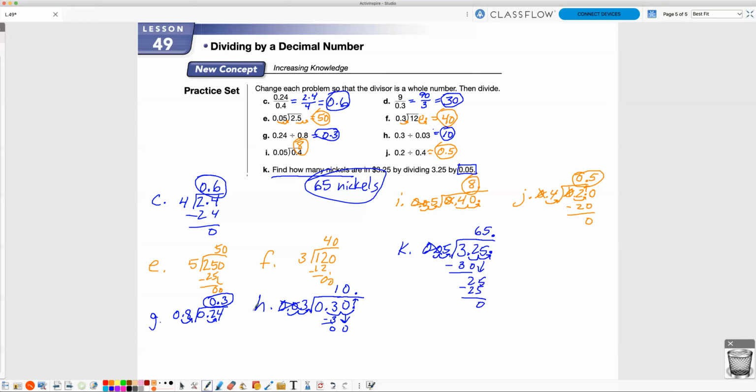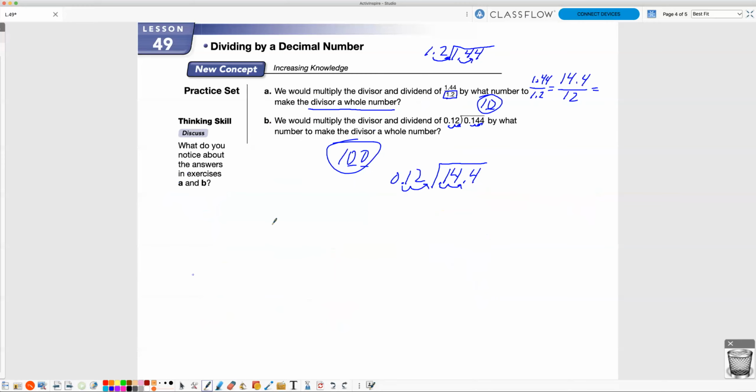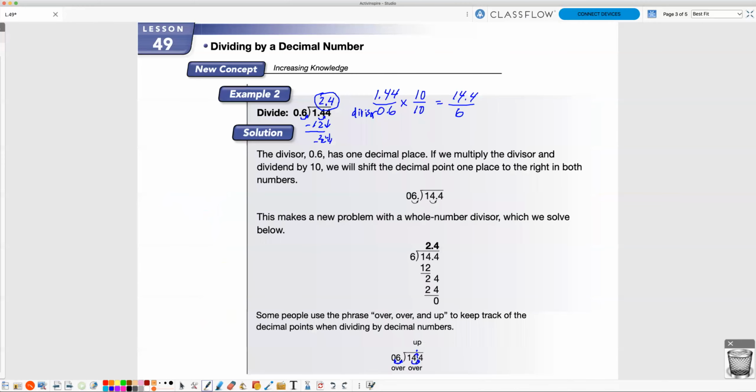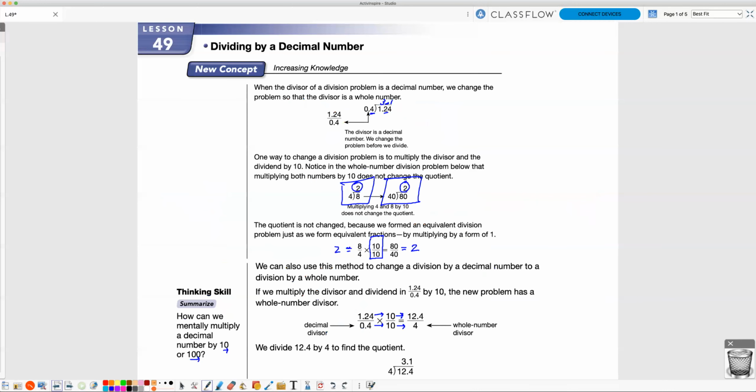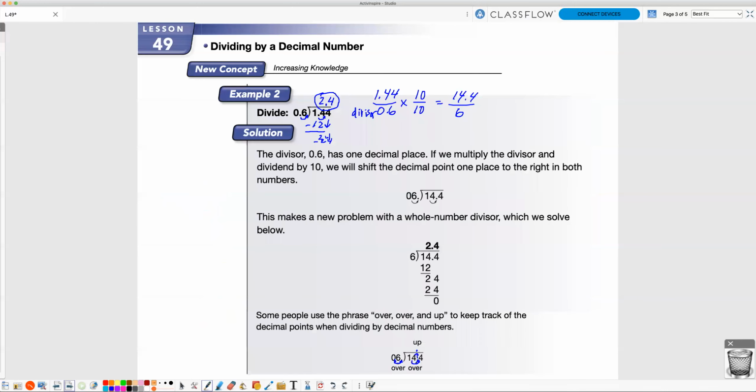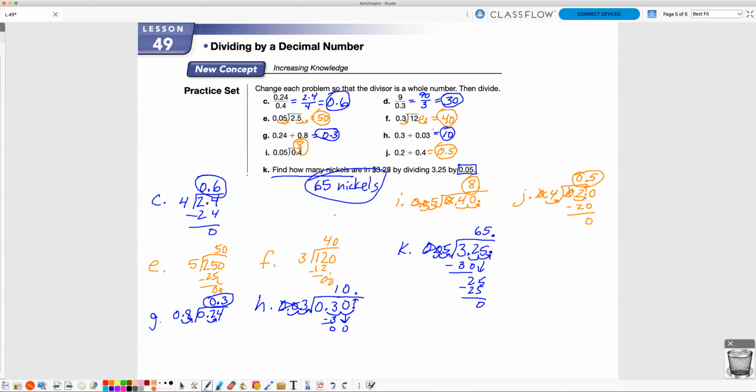If there's something you didn't understand, review all of these problems and go back to your examples and previous lesson that we just went over. Review any of these things if you still don't understand how to divide by a decimal number.